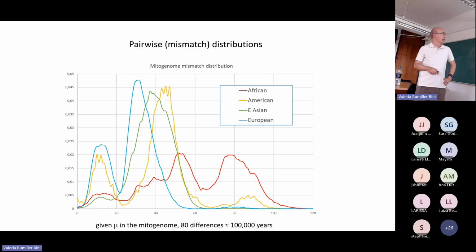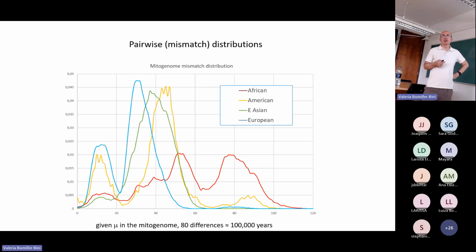You see just visually, no test yet, that African sequences are more diverse. If you take at random 2 African sequences, they will have quite a large number of differences, whereas European and Native American have this peak here and another there.